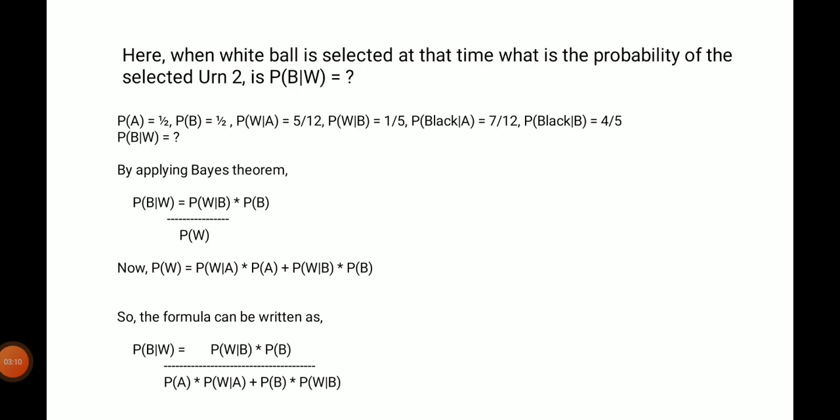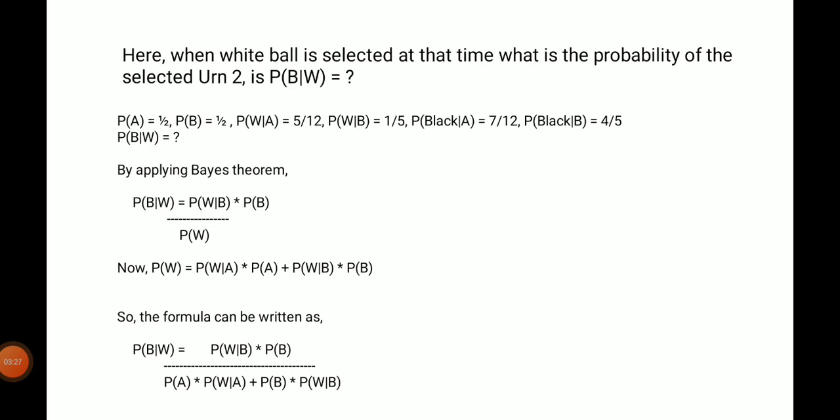According to Bayes' theorem, P(B|W) = P(W|B) × P(B) / P(W). P(W) is the total probability of getting a white ball.